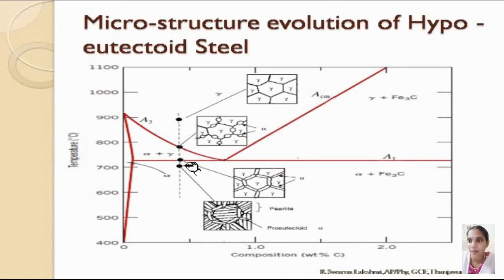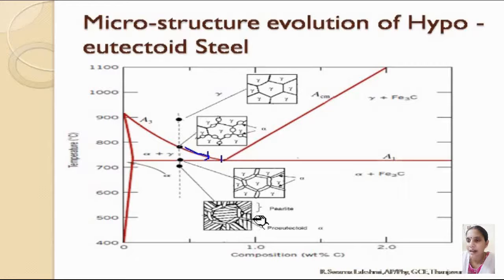Though it is a hypo-eutectoid steel, on cooling below the upper critical temperature, the gamma phase evolves along the A3 line till the eutectoid composition is reached here. So whatever austenite remains at this point after formation of pro-eutectoid alpha along the grain boundaries has a eutectoid composition and it undergoes a eutectoid reaction to form pearlite.